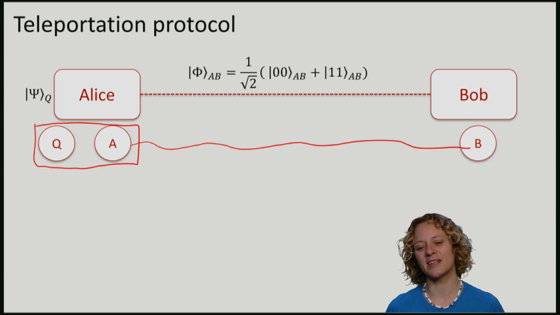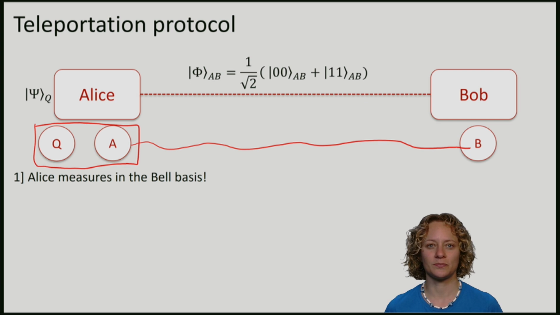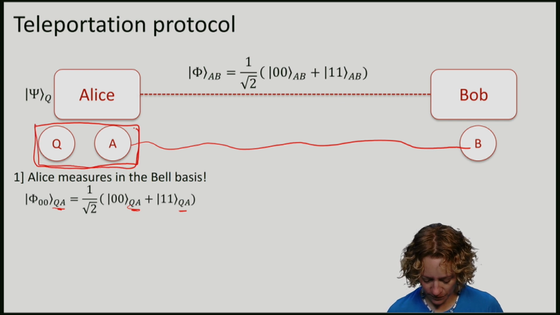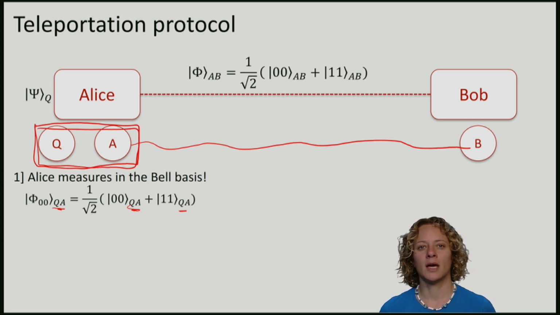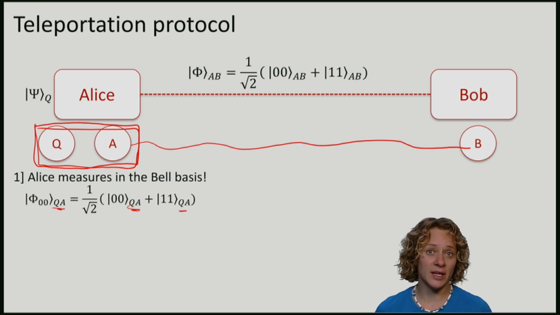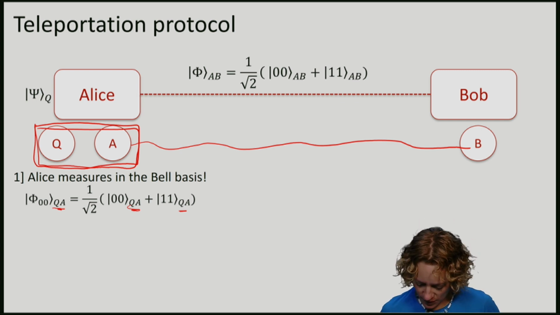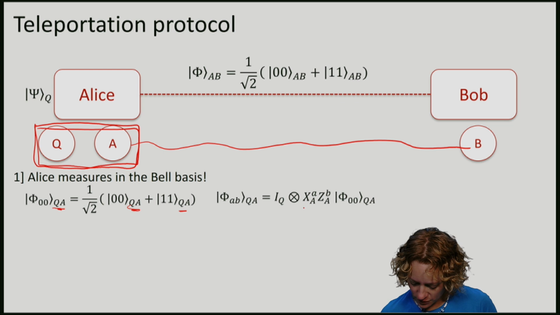So what does this basis look like? One of the basis elements is the EPR pair. So note that here it's the EPR pair on Q and A, so on these two qubits here. All other elements of the Bell basis can be generated by applying Pauli X and Z operations to the A side of the EPR pair.